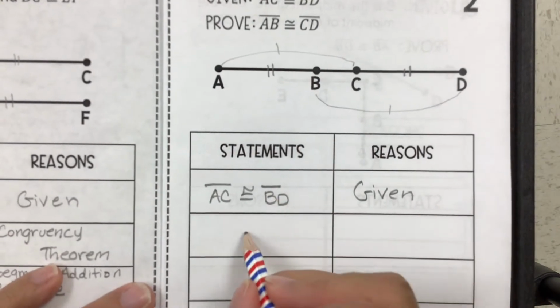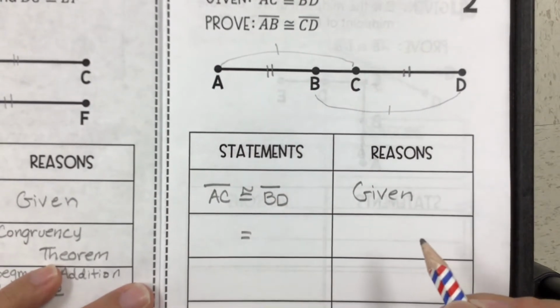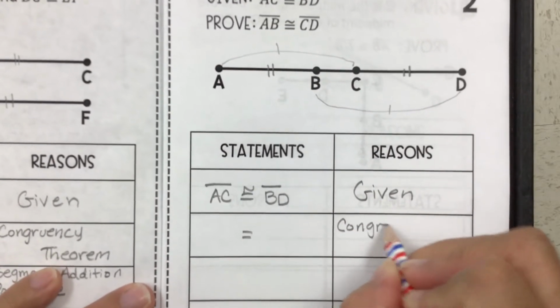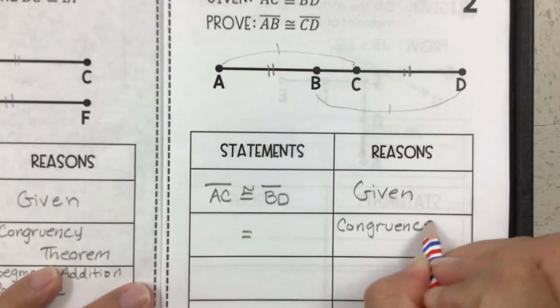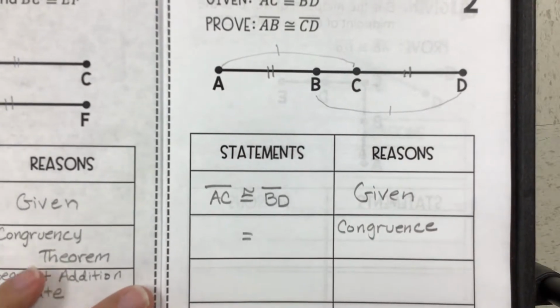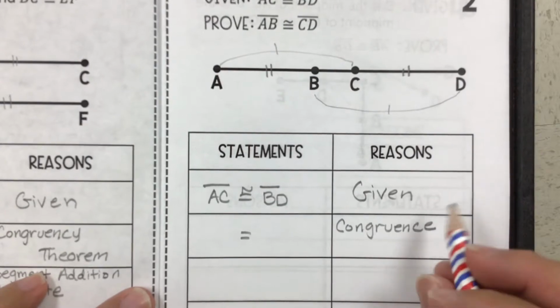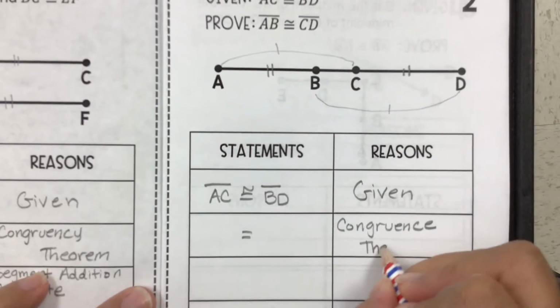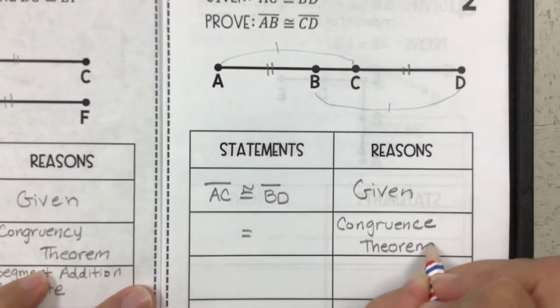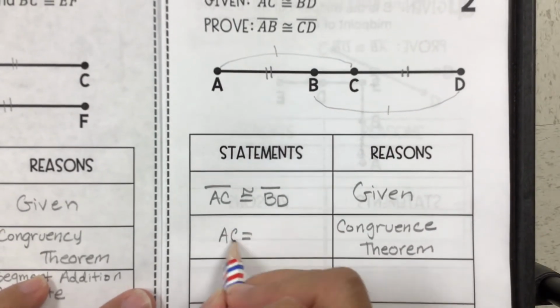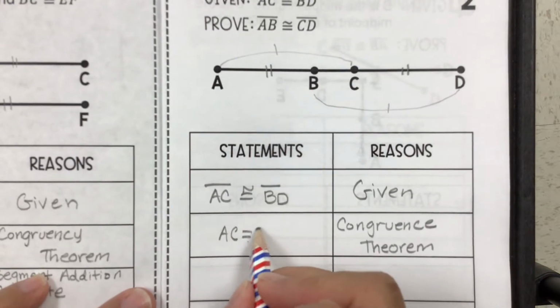From congruence to equals is the congruency theorem. Sometimes I say congruence, sometimes I say congruency. I think it's actually congruence, but congruency is okay. Theorem. Which says now that I can write AC is equal to BD.